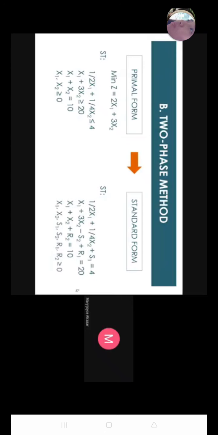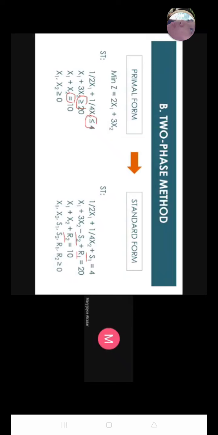In constraints, if the inequality sign is less than or equal to, you will add positive s to transform it into its standard form. If the inequality sign is greater than or equal to, you will add negative s plus r. And if it is an equal sign, you will just add positive r.